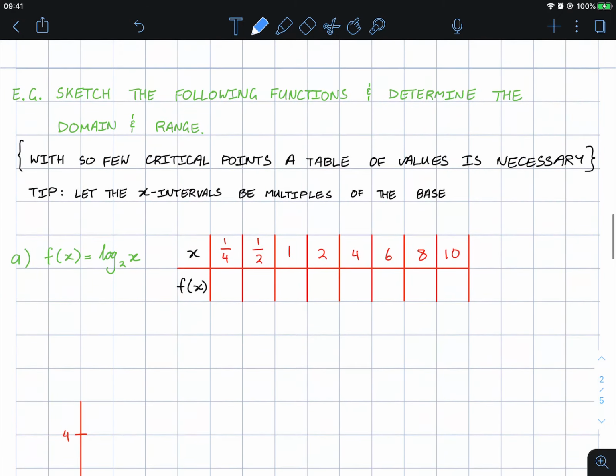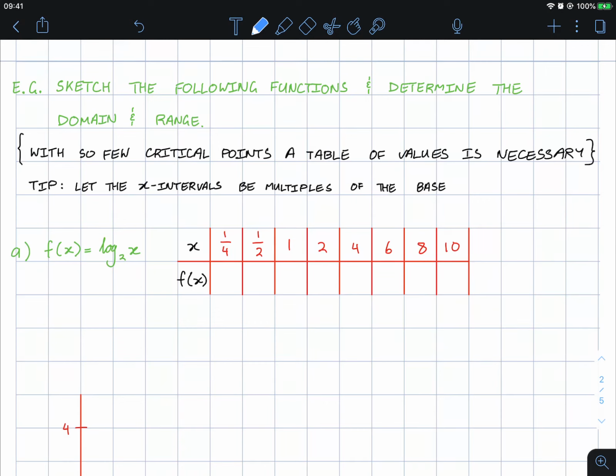For this example, I'll demonstrate to you how you might graph by hand a logarithmic function. Now, with so few critical points, a table of values is necessary. And a little tip: the intervals of x, so what these go up by, should be multiples of the base. So if we have log base 2, it's best to go up by 2's.